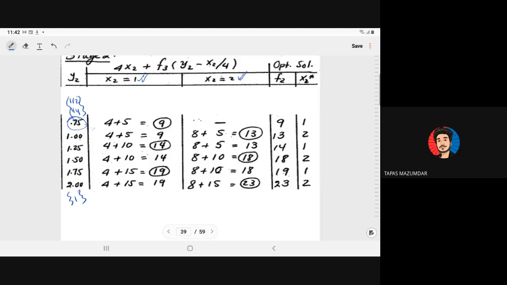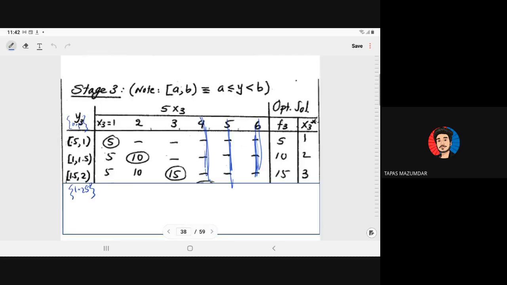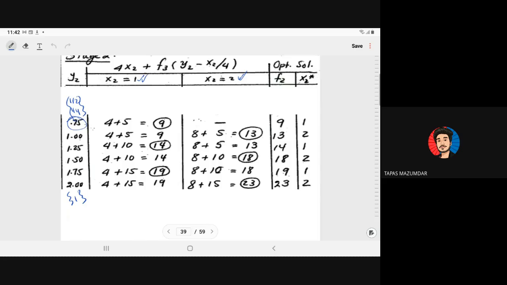So it will come as y2 minus x2 upon 4, right? One minute, I think I have done a correction here. Here it is correct. So it is y2 minus x2 upon 4.